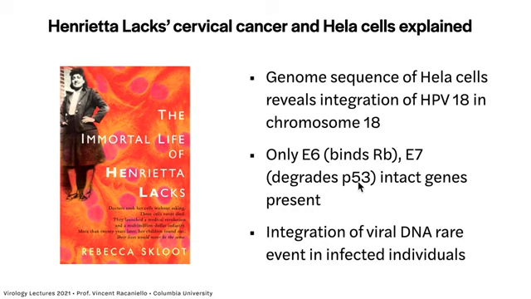That's why she developed cervical cancer. She had an abnormal integration of papillomavirus. Integration is absolutely not needed for papillomavirus reproduction, but it happened, and those two genes remained intact. Pretty low probability event, but that's all you need to get the cells transformed, and eventually they accumulate enough mutations to make a cancer. And integration of DNA is a rare event, even in infected individuals.